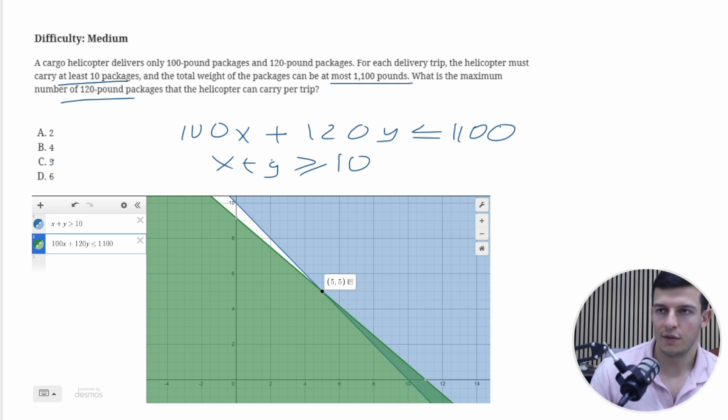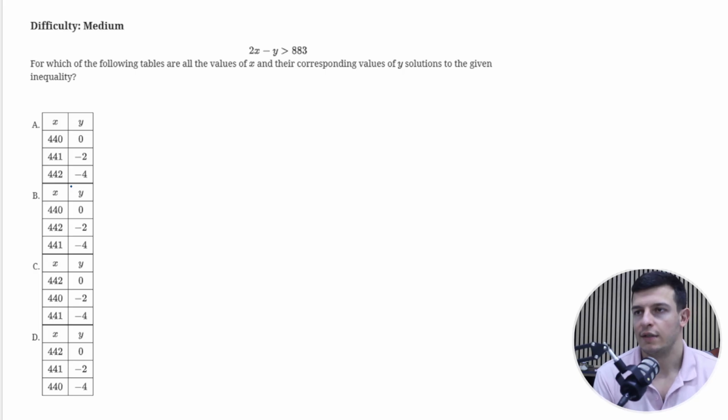Not that it matters, because they're both 5 in this case. Next: 2x minus y is greater than 883. For which of the following tables are all the values of x and their corresponding values of y solutions to the given inequality? Okay, now we can test them out. The simplest one will probably be starting with 0. If I put this 0 here, so all of them have 0, that's why I'm choosing that.